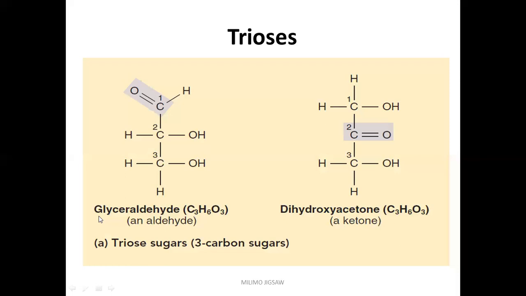In a process called glycolysis, which is involved during cellular respiration, a molecule fructose 1,6-diphosphate is broken down into glyceraldehyde 3-phosphate and also dihydroxyacetone phosphate, which leads to the production of either lactic acid or pyruvic acid and ATP. So they are very important during cellular respiration.